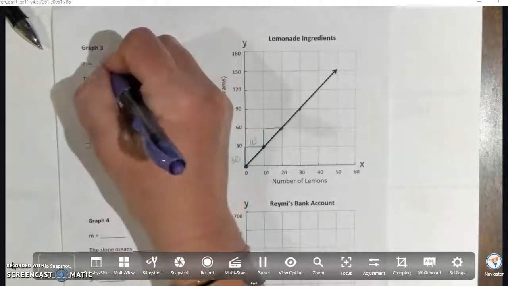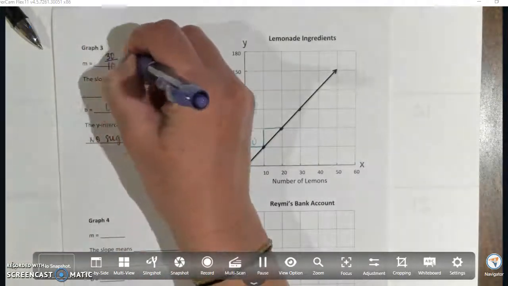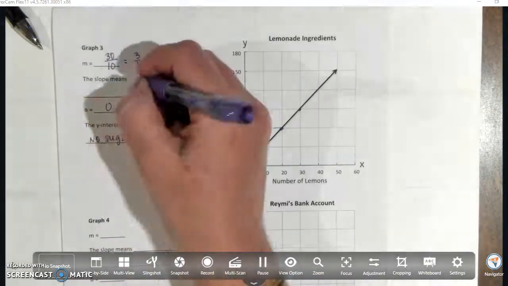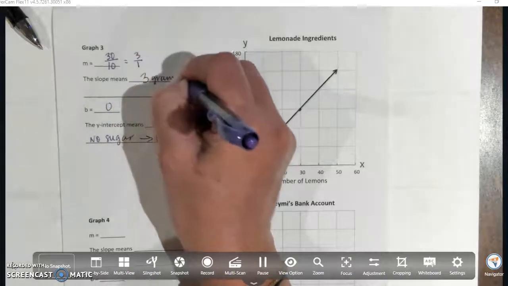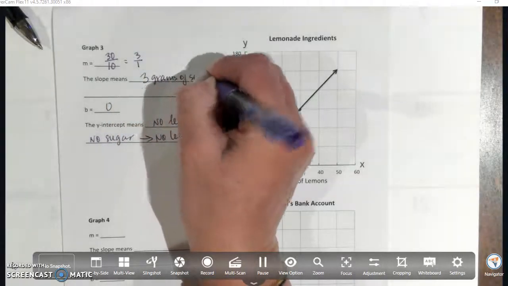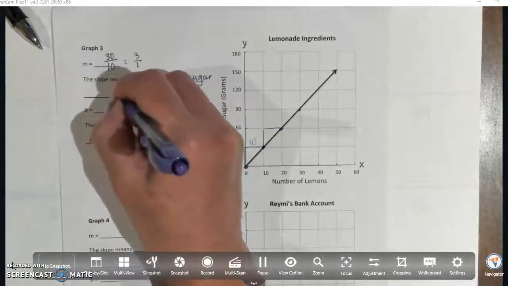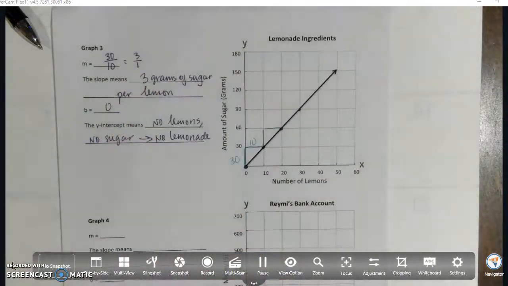Okay, 30 by 10. So here we can write it down just like it says. Then we're going to reduce it as much as possible. So the meaning would be, after we reduce it, 3 grams of sugar per lemon.